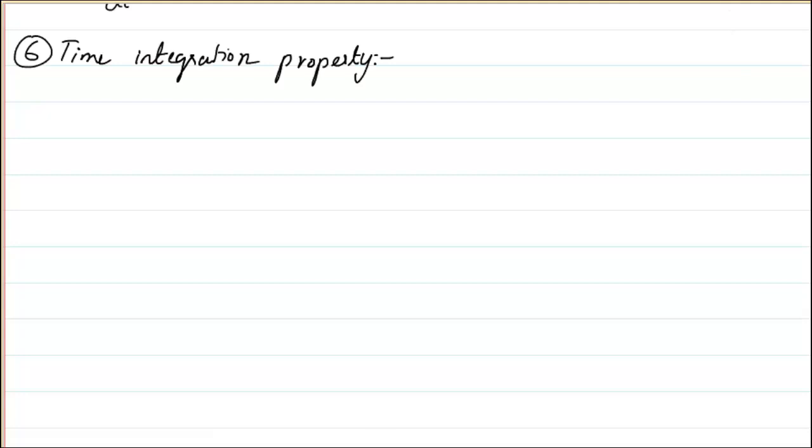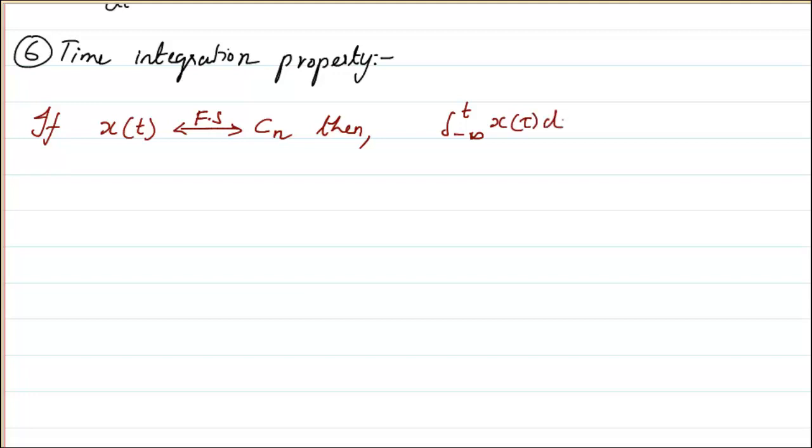Next we will look into the time integration property, which states that if we take the Fourier series of x of t, we get C of n. Then if we find the Fourier series of the integration from minus infinity to current time t of x of tau d tau, where you understand why I have written tau, because the integration is with respect to tau and you will get the value at the present time.